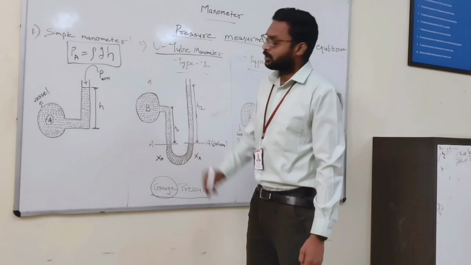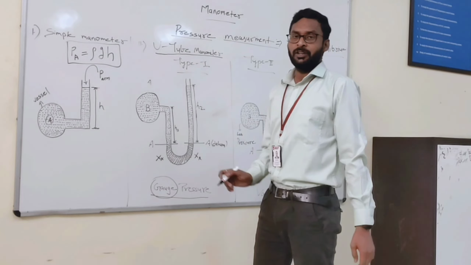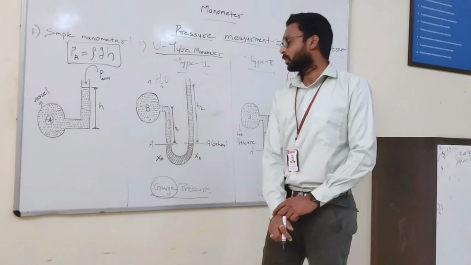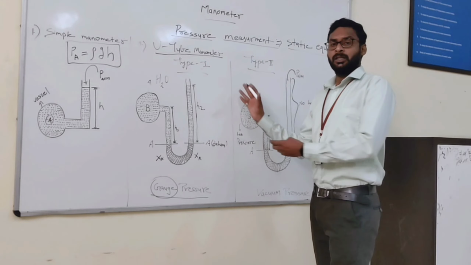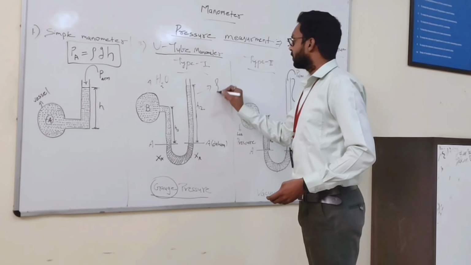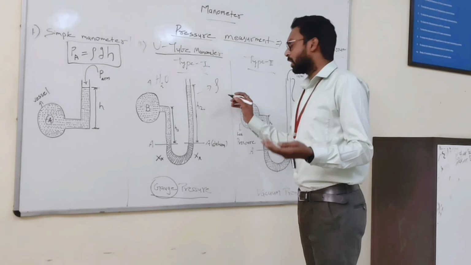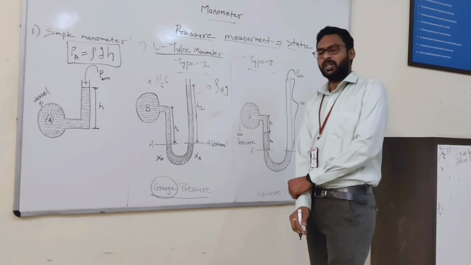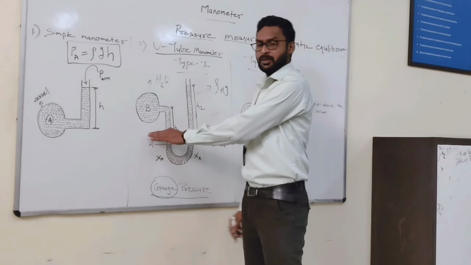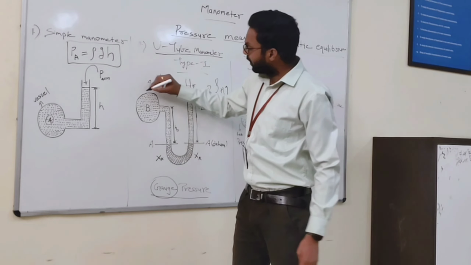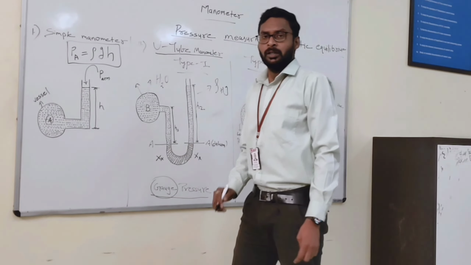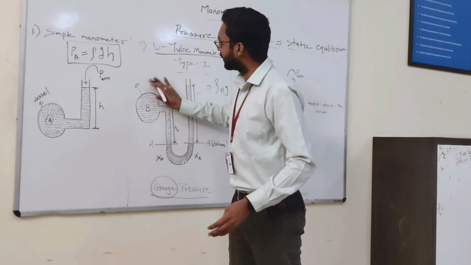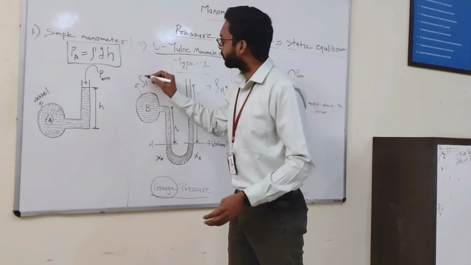In most cases, the lighter liquid we take as water, H2O, and the heavier liquid we mostly consider as mercury. On the left side I am taking the liquid as water, and its density I am considering as ρ1.